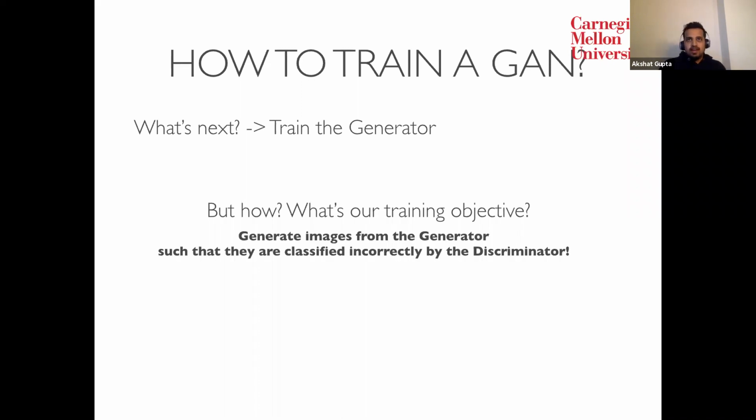The objective of the generator is to generate images such that they're classified incorrectly by the discriminator. So everybody agrees to that answer, right? You're on the record saying that you agree to this, because the next questions I ask are not going to be a repetition of what we did on Monday, and I am going to hold everyone to this. So if I hear no objections, I will move on.